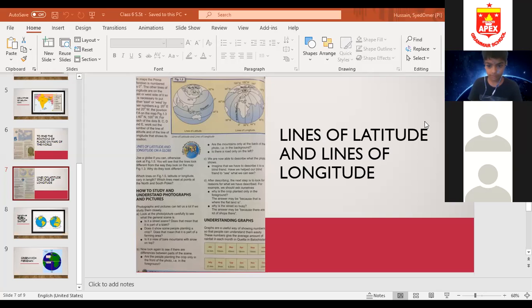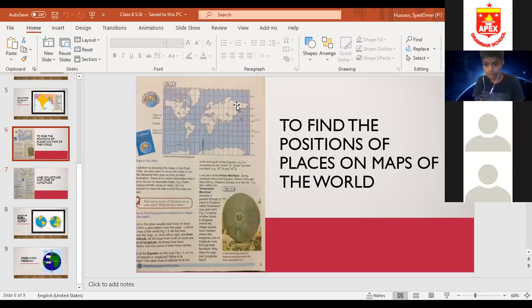Okay. So now what are they telling you? They are saying on maps the prime meridian is numbered as 0°. As you can see on this page, as I have told you, it is running along a line, meeting at 0°.